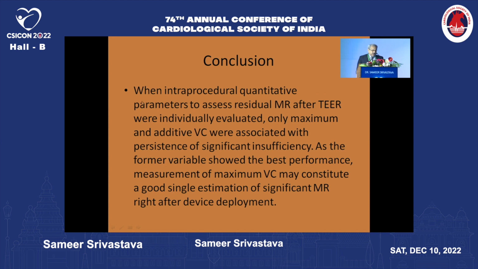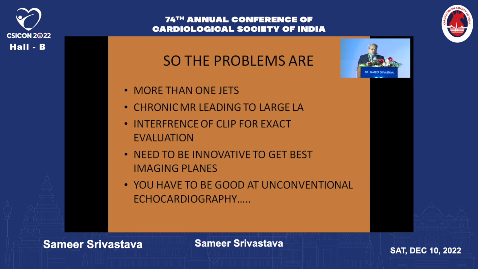When intra-procedural quantitative parameters to assess residual MR after TEER were individually evaluated, and they evaluated just about everything, only maximum and additive vena contracta were associated with persistence of significant insufficiency. As the former variable showed the best performance, measurement of maximum vena contracta may constitute a good single estimation of significant MR right after device implantation. So this is where it is.